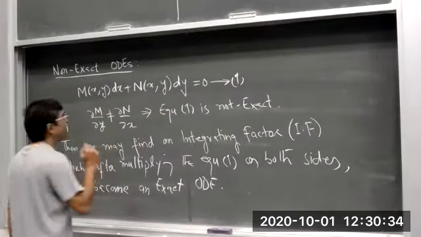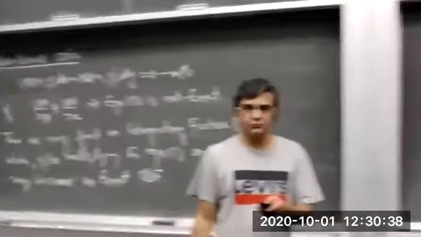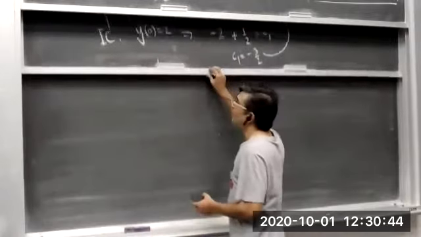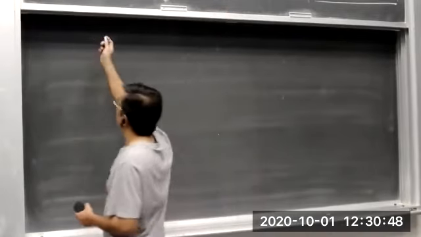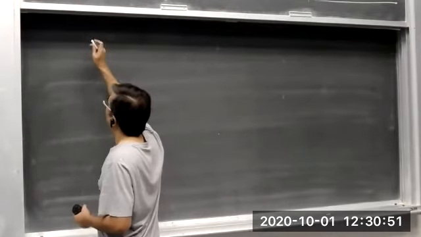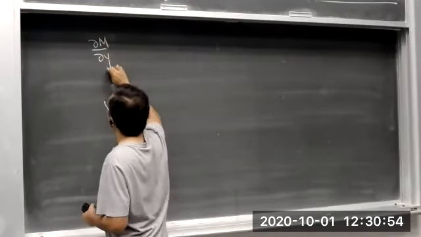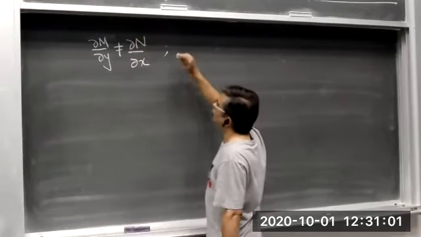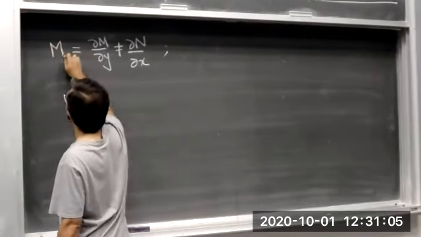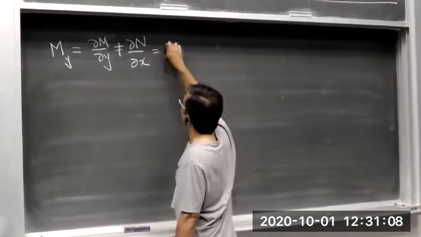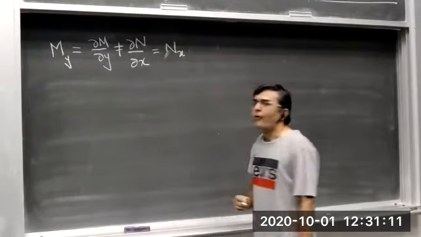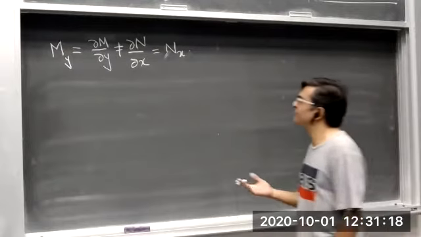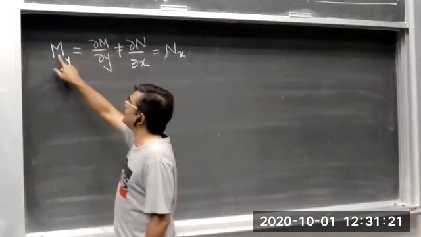Now, how to find that integrating factor? It's a bit technical. अगर हमारे पास, देखिए, क्राइटेरिया क्या है, partial M over partial y should not be equal to partial N over partial x. अगर हम थोड़ी सी कॉम्पैक्ट नोटेशन यूज करें तो partial M over partial y को हम लिखते हैं M_y और partial N over partial x को हम लिखते हैं N_x. ठीक है, I told you while discussing the basic notations of differential equations that partial M over partial y can be written as M subscript y.